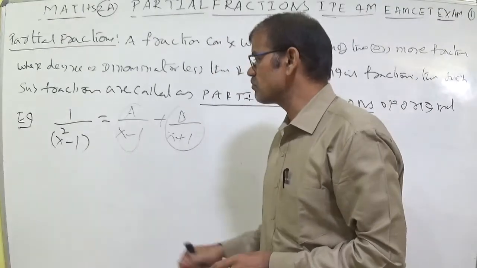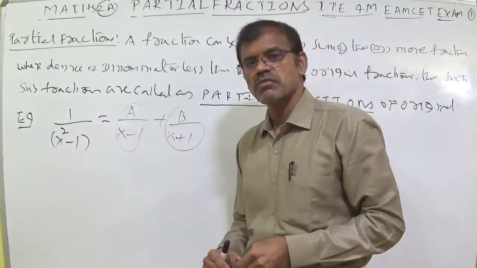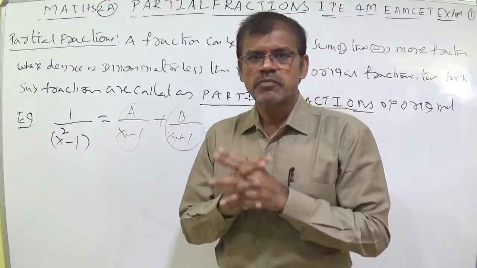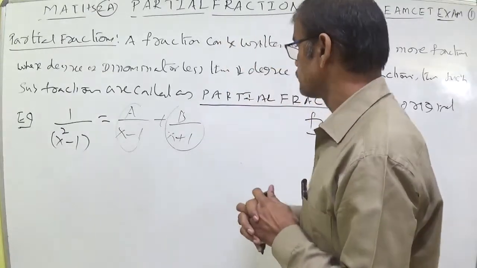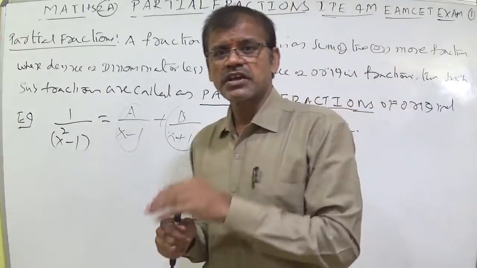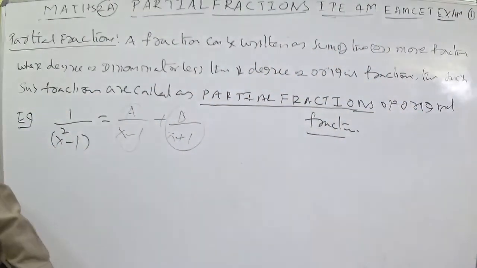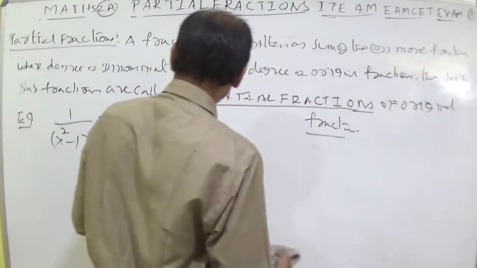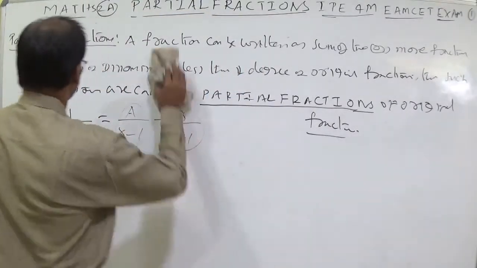So 1 by x square minus 1 is split into two factors, which are called partial fractions. Next, let us discuss the working rule method. Two methods are there, in exercise 7a and in level 1 concept also in objective. Let us discuss the first one.